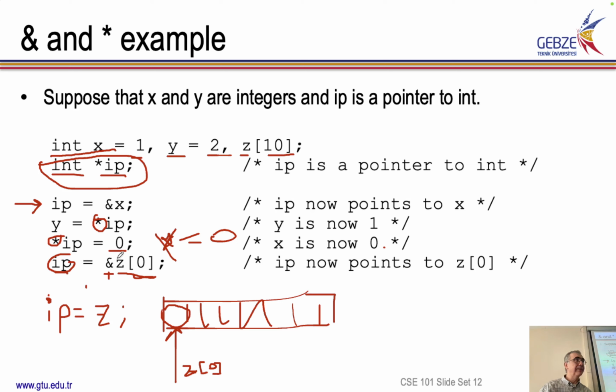Okay? If I want to pass an array to a function, how should I do it? I will pass the address of the array. So the function takes the starting point in memory, then can work directly on the original data without copying it.